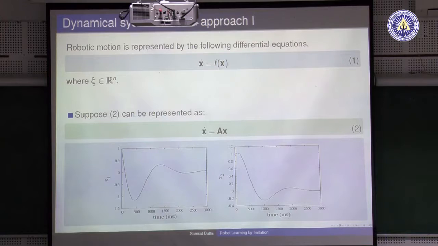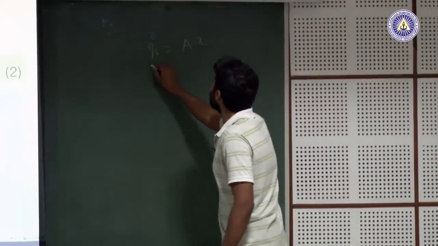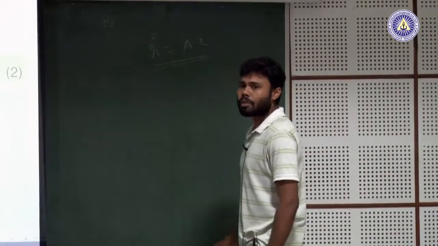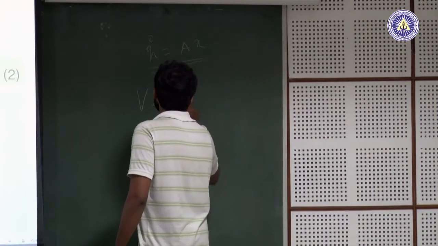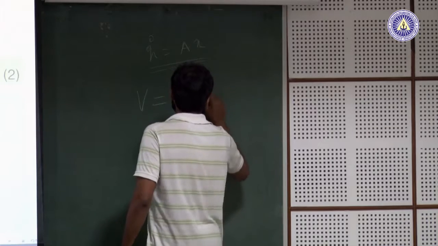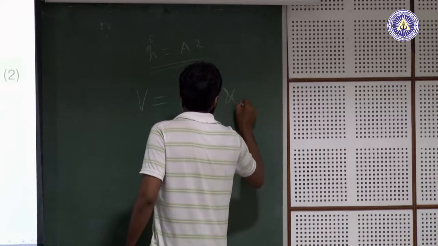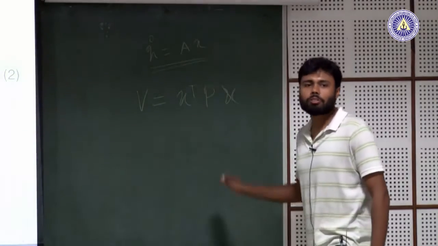Any doubt here? The system is unstable because A is not negative. To analyze the stability of this system, suppose I take a Lyapunov function, that is V equal to x transpose P x, fine. Are you familiar with this?